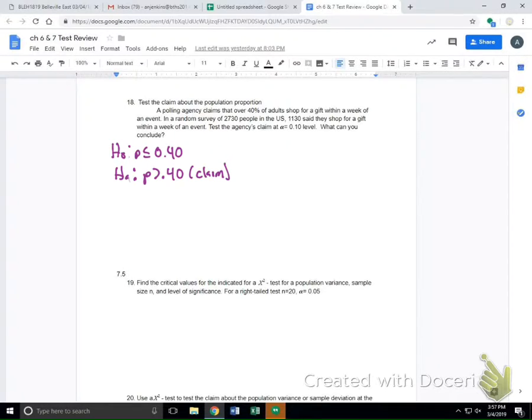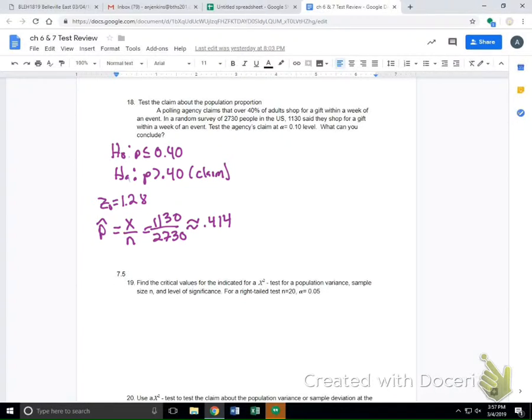The z value that's going to be associated with this is 1.28. We have to calculate our p hat based on the information given, and that's going to be x over n, which we have is 1,130 over your total of 2,730, which we get approximately 0.414.